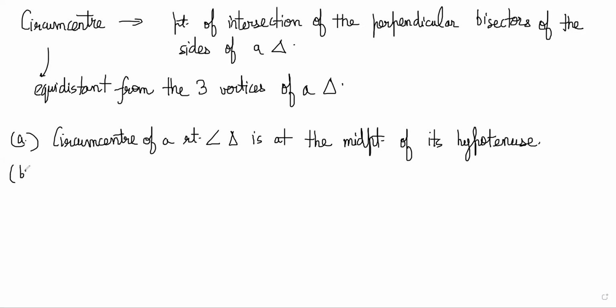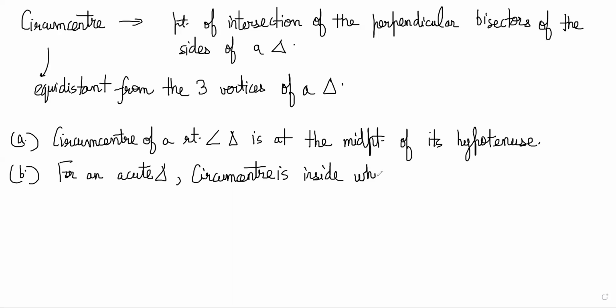The circumcenter of an acute triangle is inside, while it is outside the triangle for an obtuse triangle.